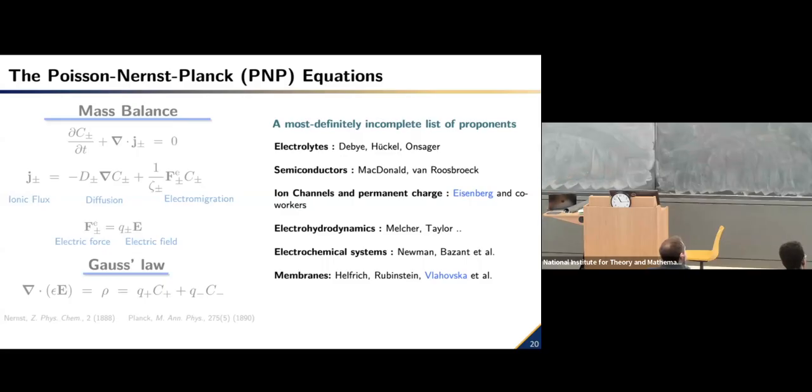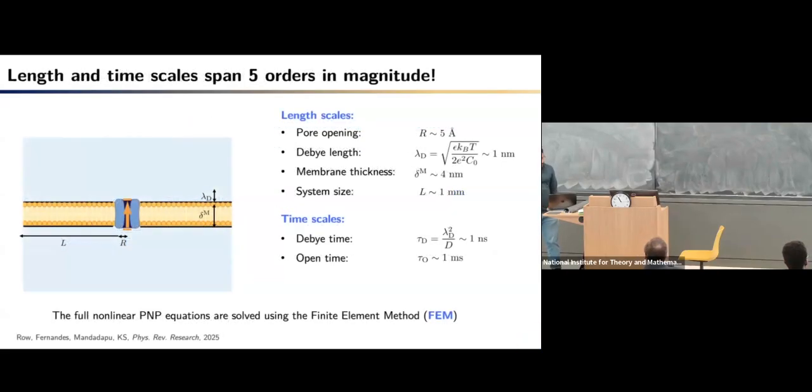And then to acknowledge people in this neighborhood, Bob Eisenberg applied it to ion channels and definitely recognized the role of permanent charge in ionic transport. Then electrohydrodynamics, Melcher, Taylor, instabilities, electrochemical systems, Newman from Berkeley, Martin Bazant at MIT, and so on. And then, of course, they've also been applied to membranes and membrane stability, with Professor Vlahovska from Northwestern being one of the much more recent pioneers.